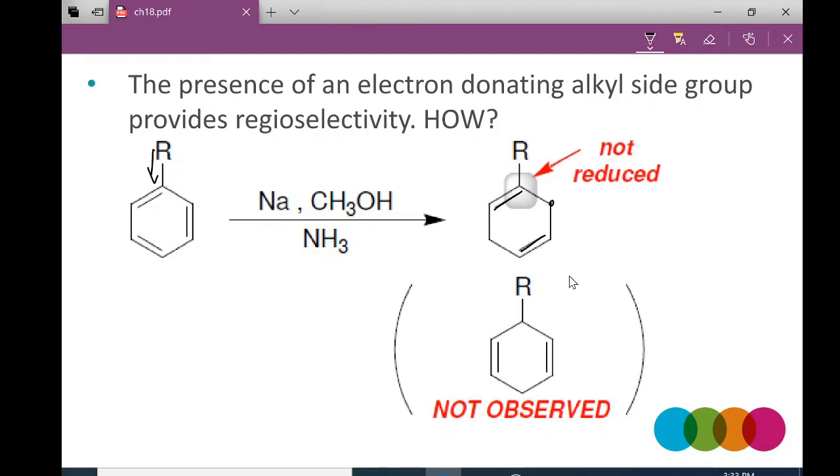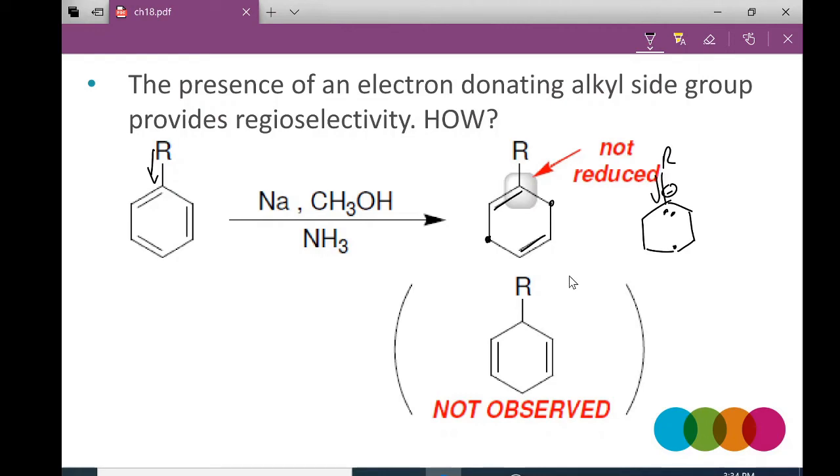And that's because, remember, we have a radical anion as an intermediate in that system, and that radical anion is not going to be stabilized by an R group that's attached.